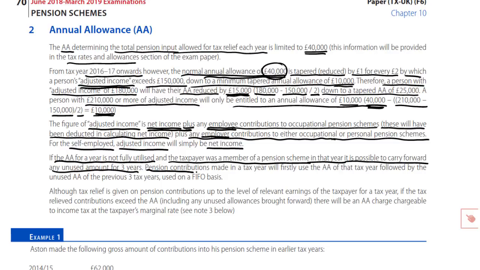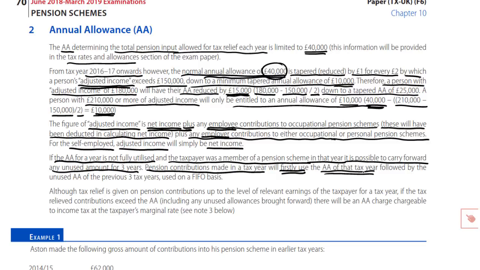So pension contributions made in a tax year will firstly use the AA of that tax year, 40,000 or down to a minimum 10,000, depending on whether your adjusted income exceeded 150,000. So we use that first of all.